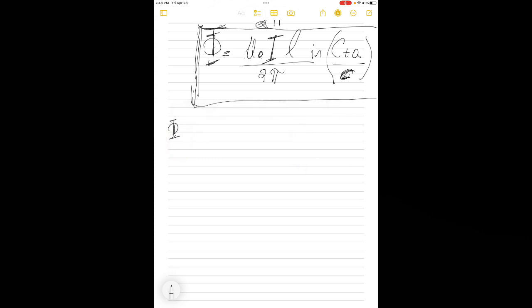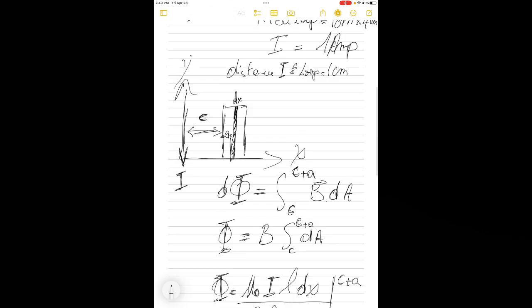So this is the formula we're going to use: the constant multiplied by 1 amp multiplied by 0.04 meter of length, divided by 2 pi, integration C, that's the distance between the current and the beginning edge of the loop, and that's 0.01, plus A. A actually is the whole distance here.